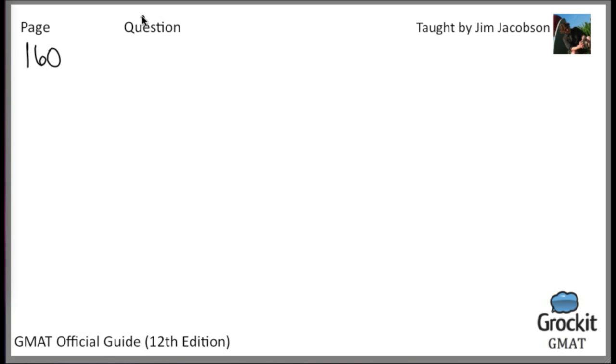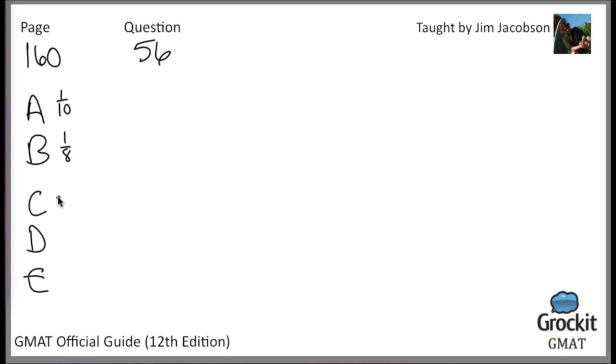160, question number 56. So A is 1/10, B is 1/8, C is 1/4, D is 5/4, E is 25 halves.